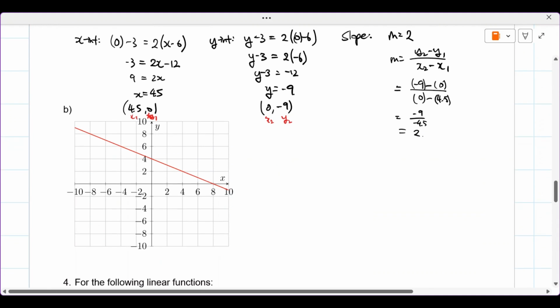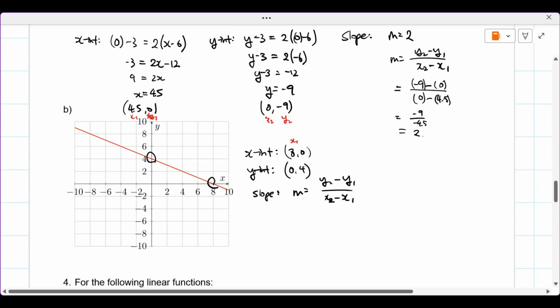Let's do part B. Let's find the x-intercept and y-intercept. The x-intercept and y-intercept in the graph are very obvious. You just have to locate them right there. So the x-intercept is going to be (8, 0), and the y-intercept is going to be (0, 4). For the slope, let's use the formula here. The m equals y2 minus y1 divided by x2 minus x1.